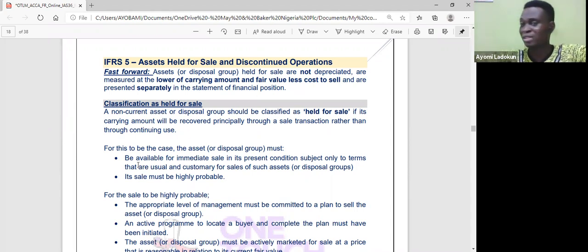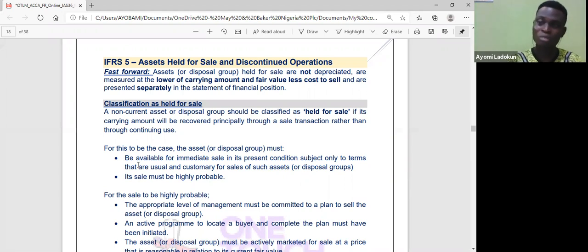It could be the board of directors, or management at that level. Not just within your department or unit deliberating on selling this asset. No, appropriate level, people that have authority. So they must have decided. Must, not should, not may, must be committed to a plan to sell the asset.